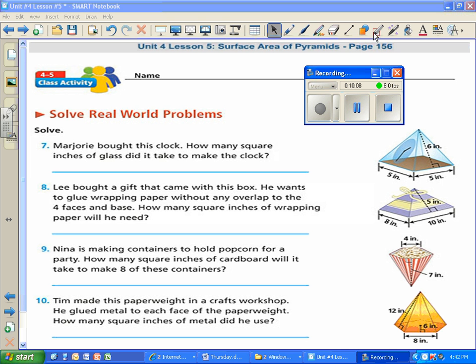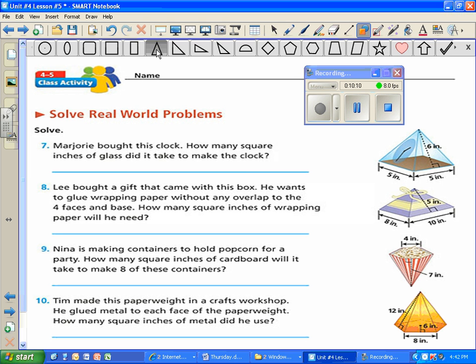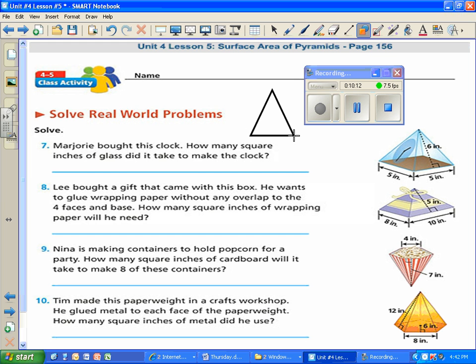I'm just going to bring a triangle down. And we know the height and we know the base. So I'm just going to draw that in there. We have a height of 6 and a base of 5.